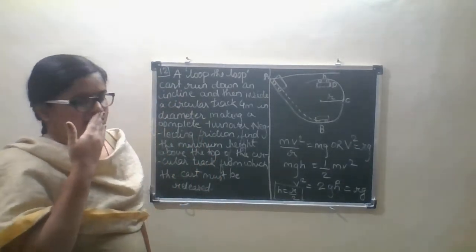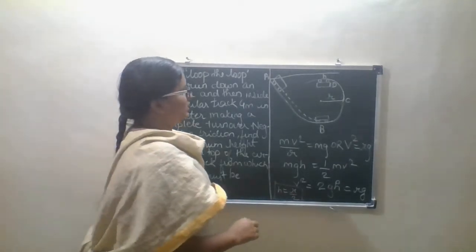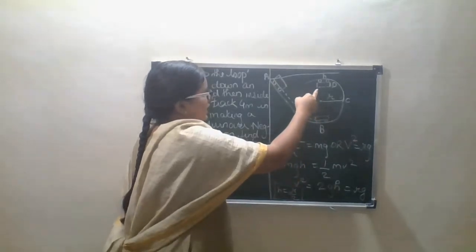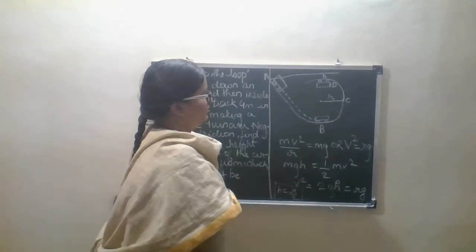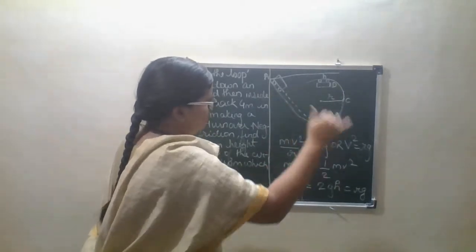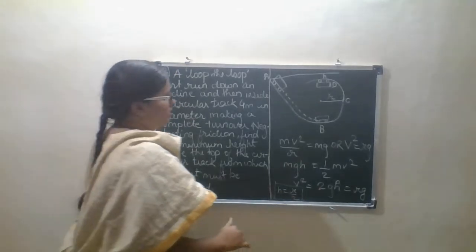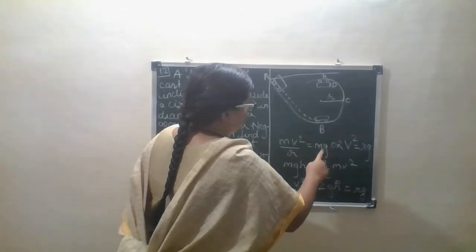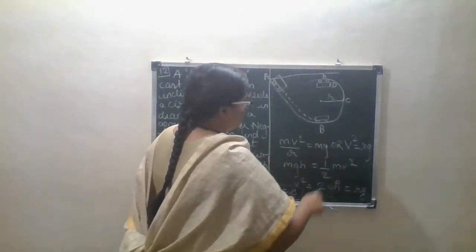If we consider V is the velocity of the car at A point and R is the radius of the circular track, then considering the equation mv square upon r is equal to mg, or v square is equal to r into g.